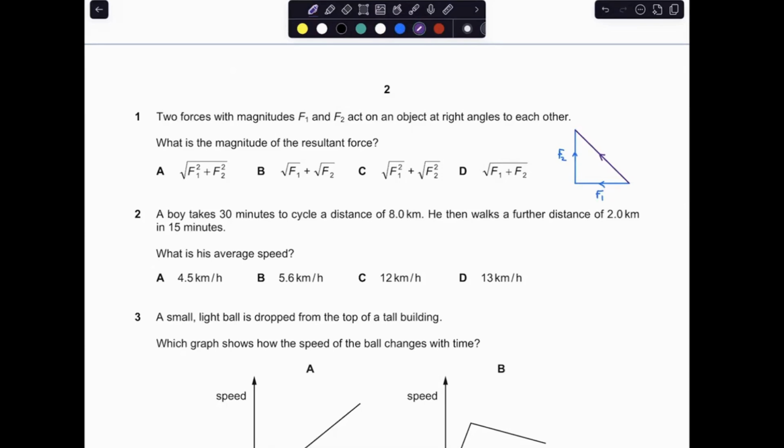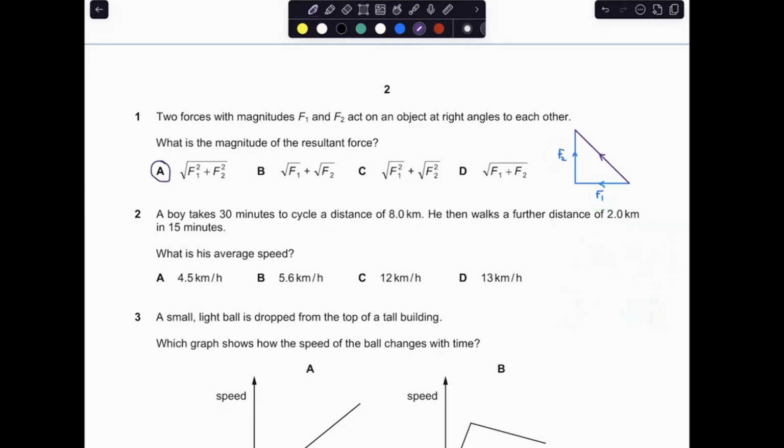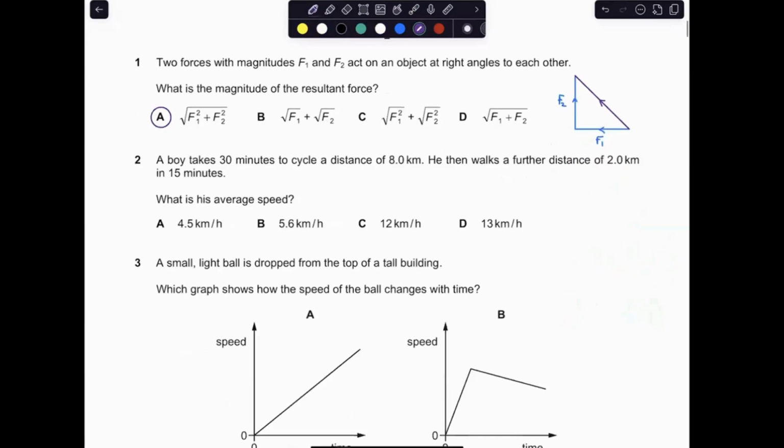F1 squared plus F2 squared is equal to the square of the resultant. If we take the square root, that gives us the square root of F1 squared plus F2 squared. That shouldn't be too difficult. So that will be 8.